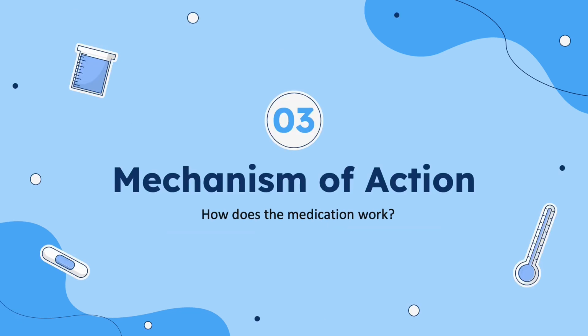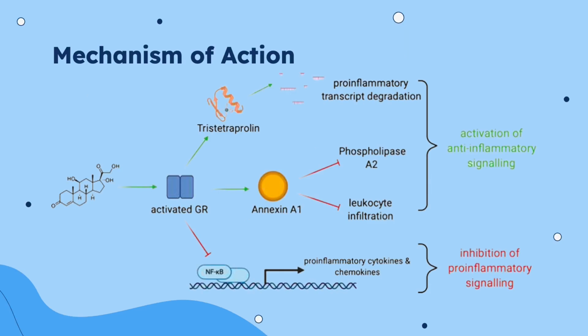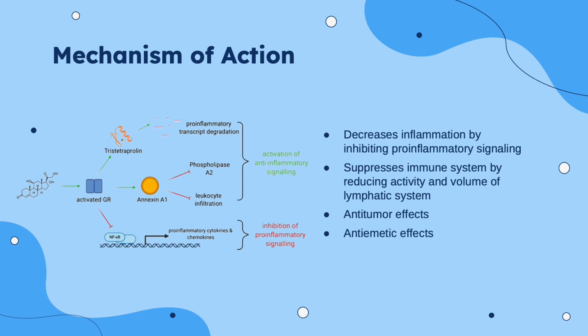Moving on to mechanism of action. How does the medication work? Here's the overall pathway of how prednisone works, and I will be discussing it more on the next slide. Prednisone decreases inflammation by inhibiting pro-inflammatory cytokines and chemokines and reversing increased capillary permeability.